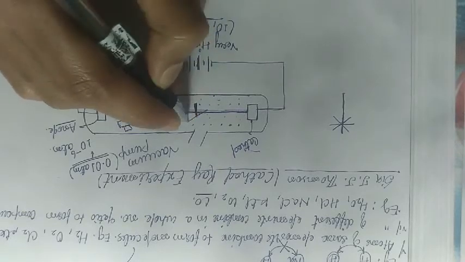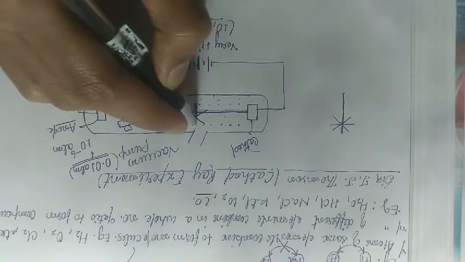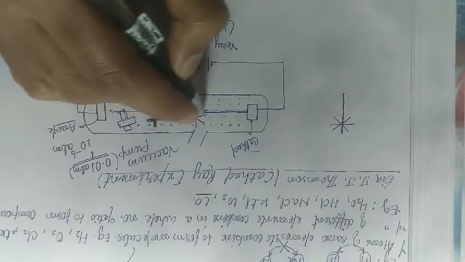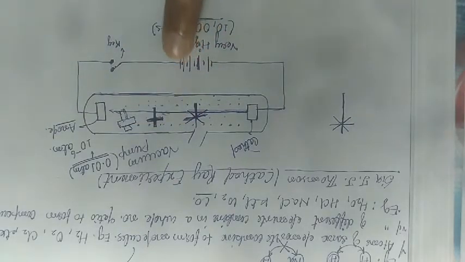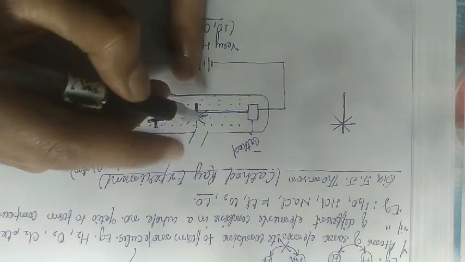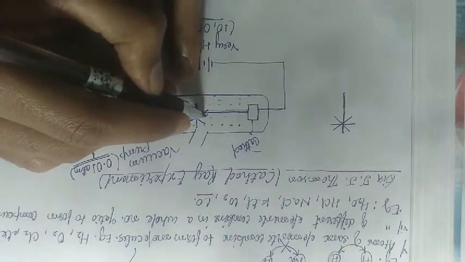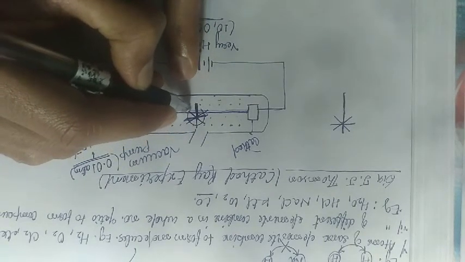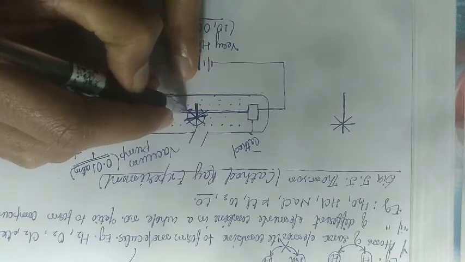When he placed this substance here, he became shocked with this observation. He saw that this wheel-like object started rotating this way.